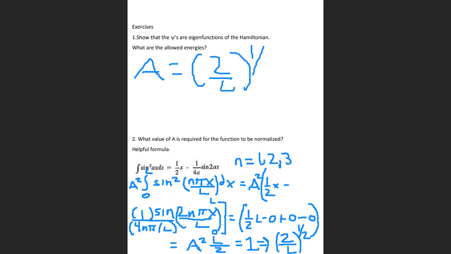Somebody wants a recap of the reasoning behind the steps. Okay. The reasoning behind the steps is when I integrate, I have to get a 1. And I know that I'm integrating from 0 to L. And I know I'm taking the square of the wave function.